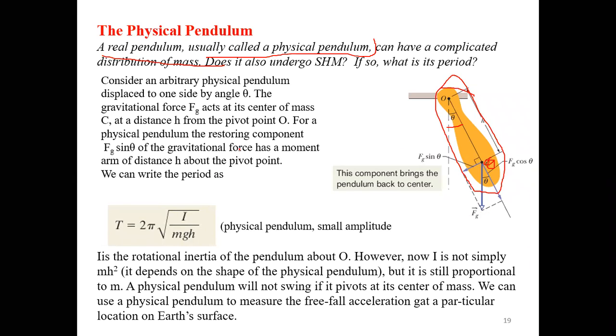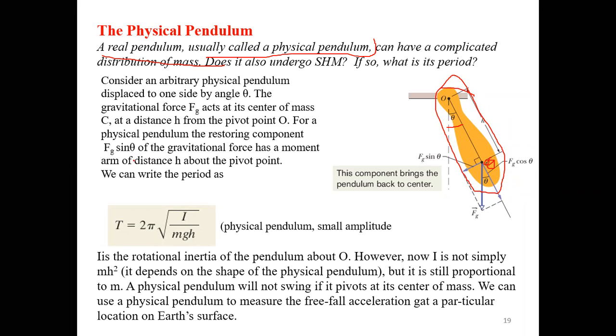For a physical pendulum, Fg cos theta will be balanced by the tension. Due to Fg sin theta, it will start to move. So Fg sin theta is the restoring force. It will try to come back to its resting point or equilibrium position.